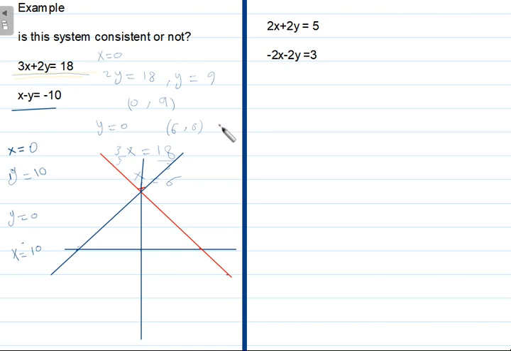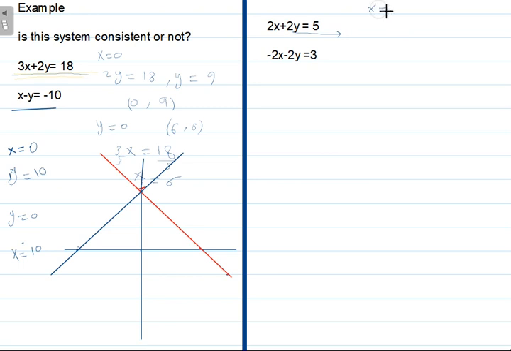Let's take a look at another example. This one here, 2x plus 2y equals 5, minus 2x minus 2y equals 3. I need 2 points here.